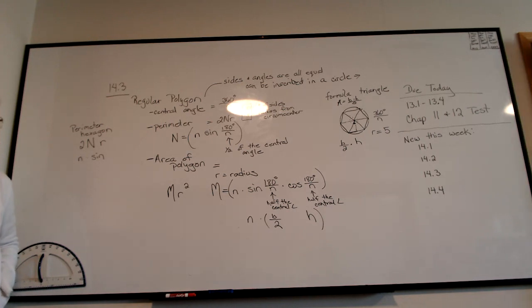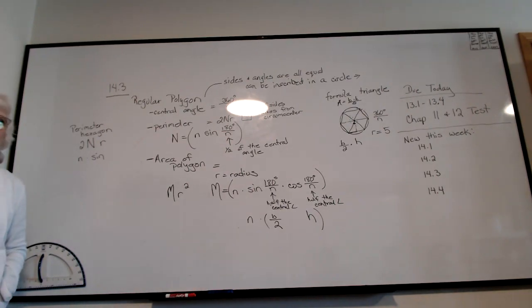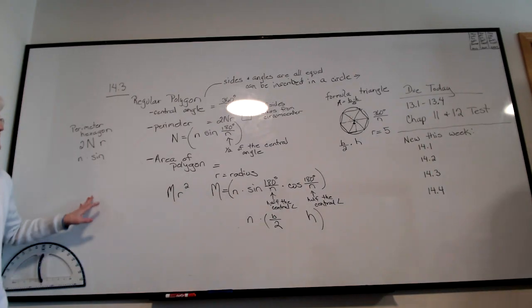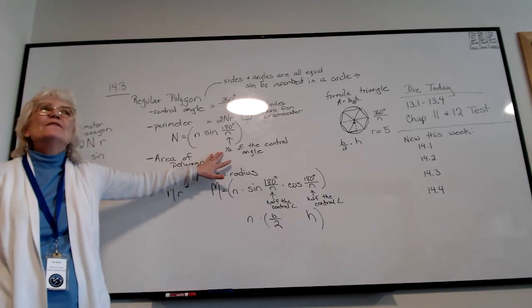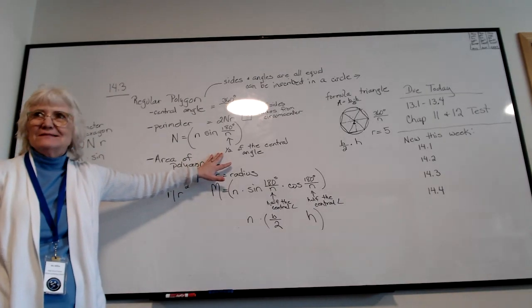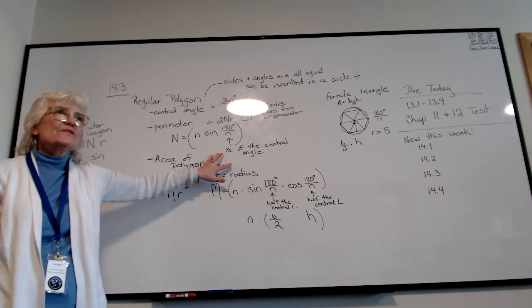If you look at our angle here, what's the degree of the angle that we're going to use? It's not 60, what is the angle I'm using right here? I'm using half of the central angle. Oh, 30. So it would be 30.